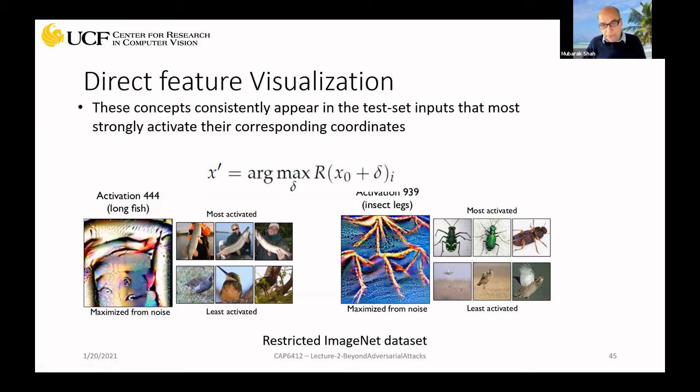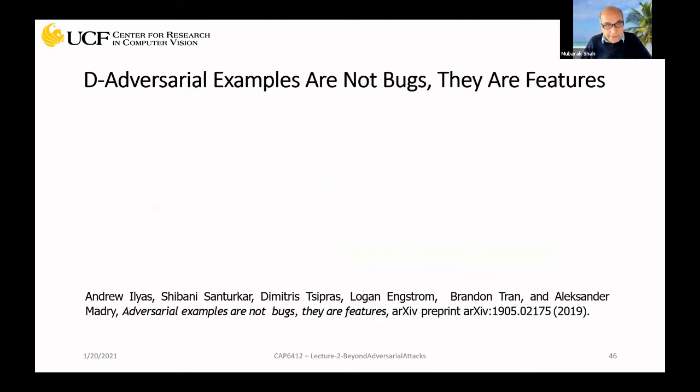Now, when we input the real images, it gives you maximum response, most activated, which makes sense, it looks like that. But when we input these, it gives you least response. So that's that.